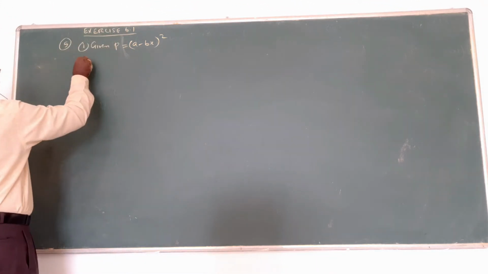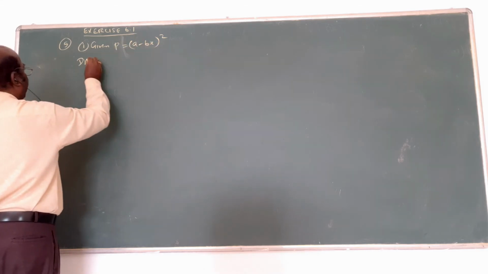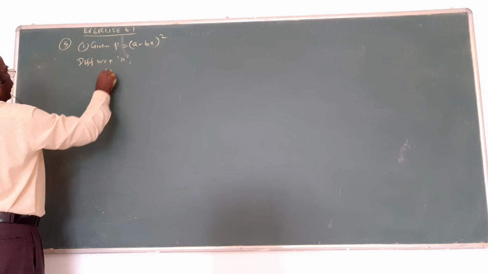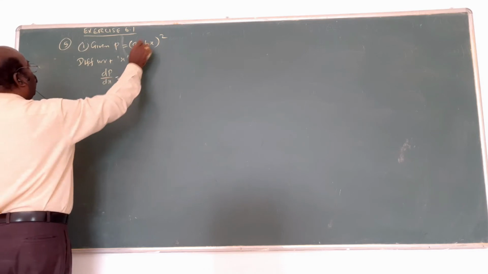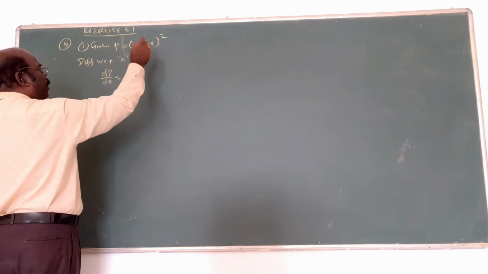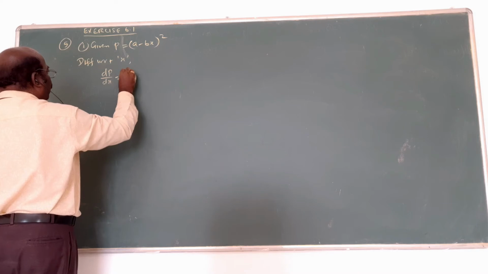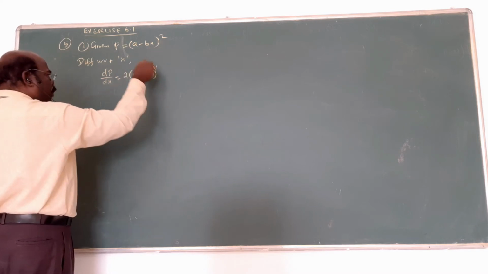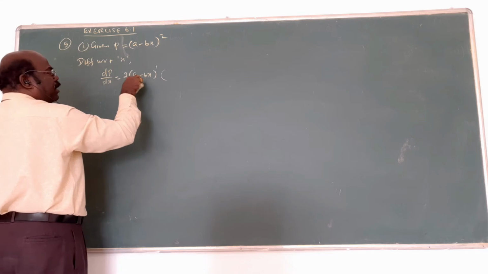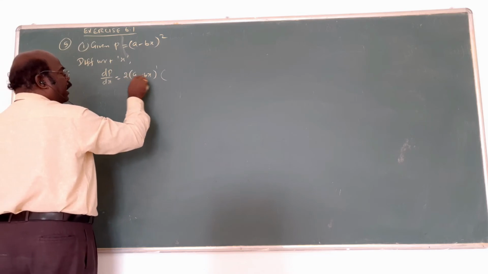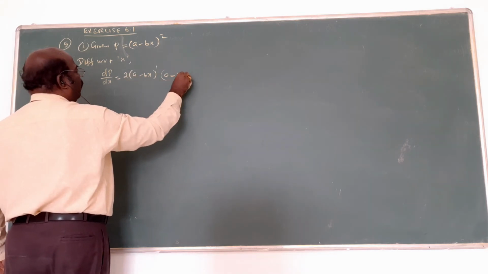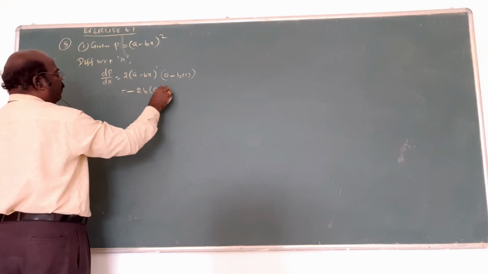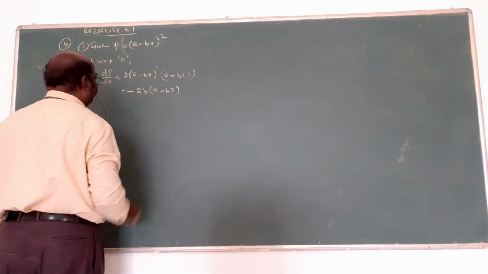What I told you: here p in terms of x is there, that's why differentiate with respect to x. dp by dx, I already told you, is the whole power; something whole square means 2 into something to the power reduced by 1, into the differentiation of the inside. Differentiation of a is 0, minus b into 1, so minus 2b into (a minus bx) power, in the denominator.